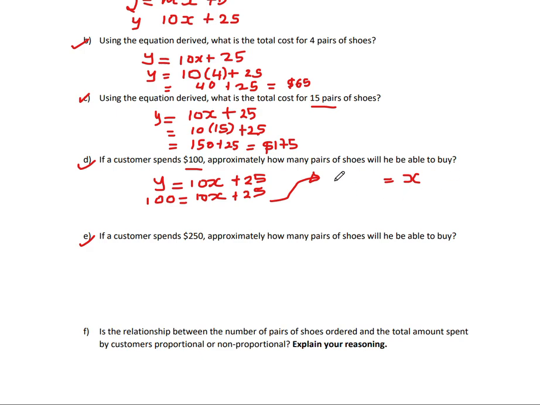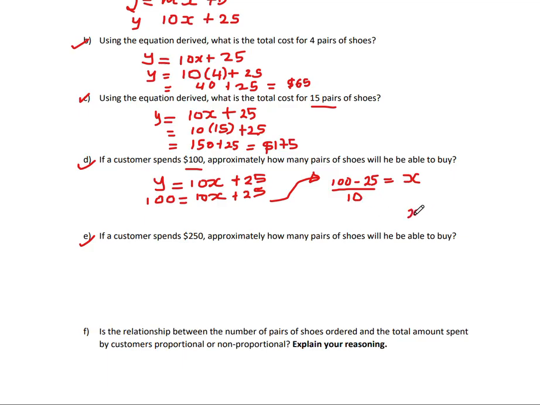And on the left side of the equation, the 100, which is already there, we would subtract 25 from it because 25 was added to x, so we're doing the inverse operation. And we would divide by 10 since x was multiplied by 10. So that is the inverse operation.